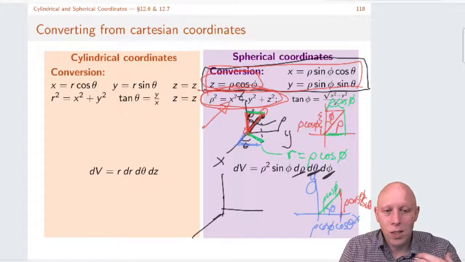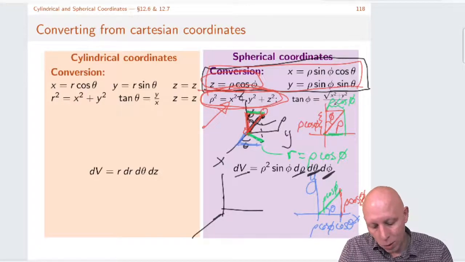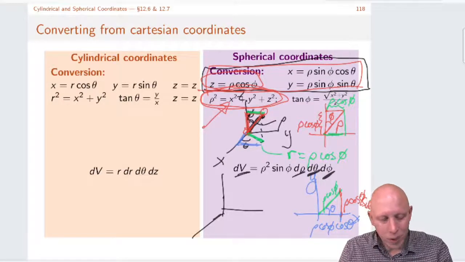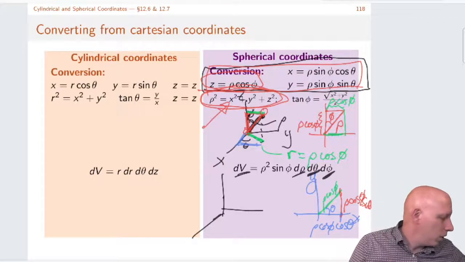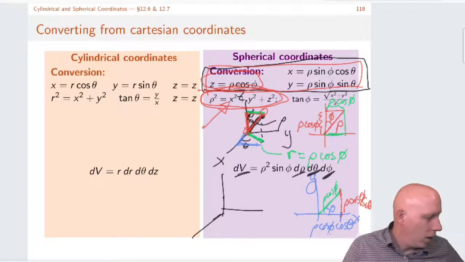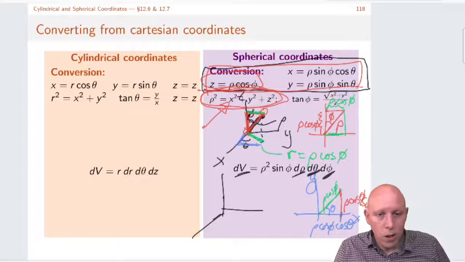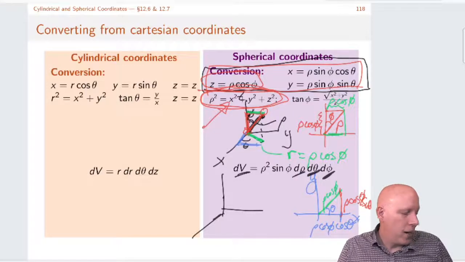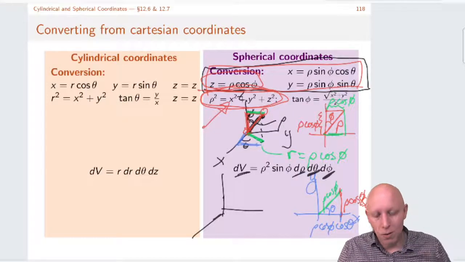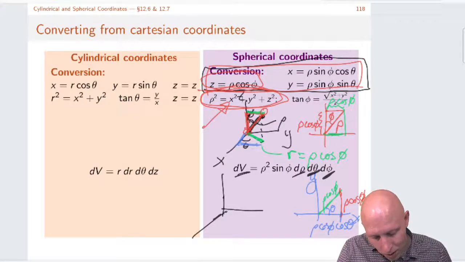How do we calculate the little bit of volume that corresponds to it? I don't want to recreate the drawing, so if you want to look at the picture, it's on page 744 of the text. It has a really nice view of what this little slice is.